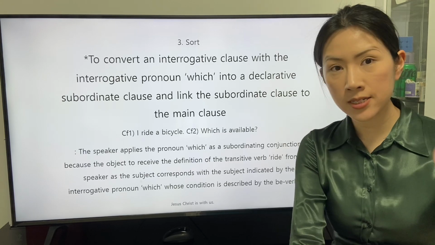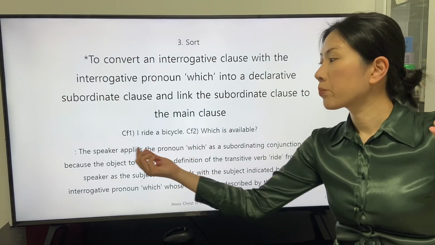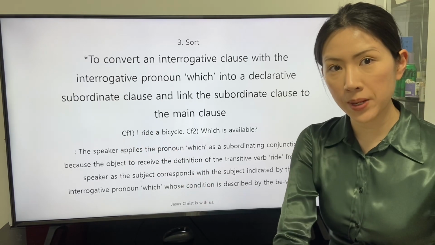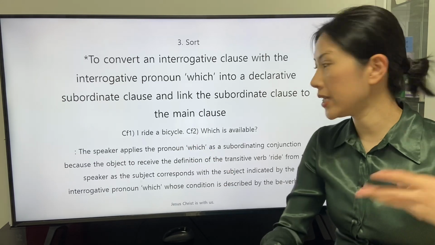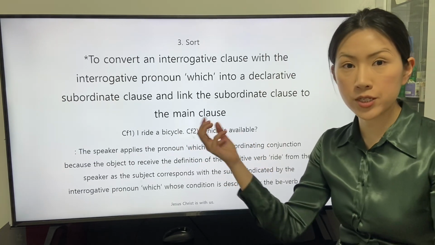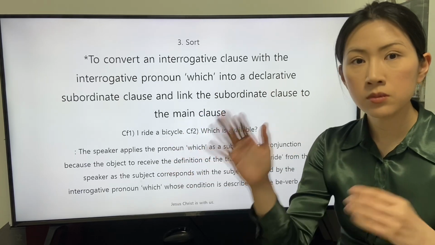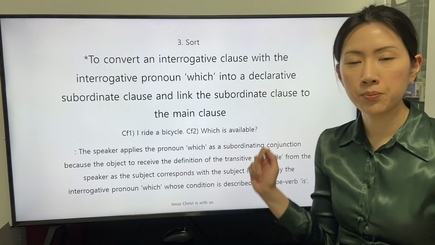The sentence is the integration of two clauses. The first clause to become the main clause is this: I write a bicycle. The interrogative clause as the second clause to become the subordinate clause is this: which is available.